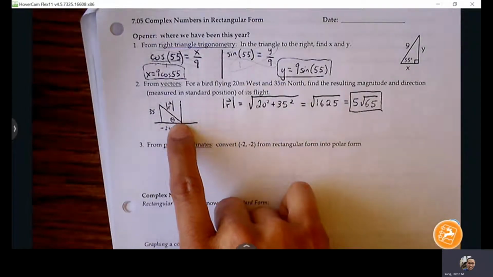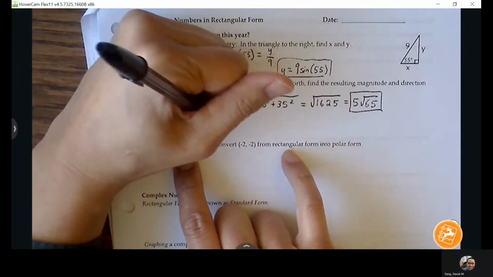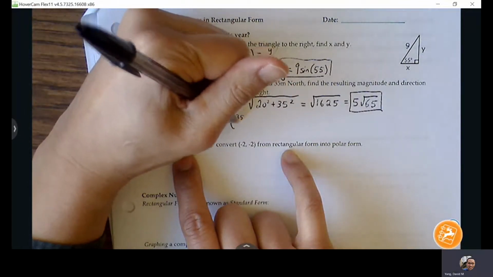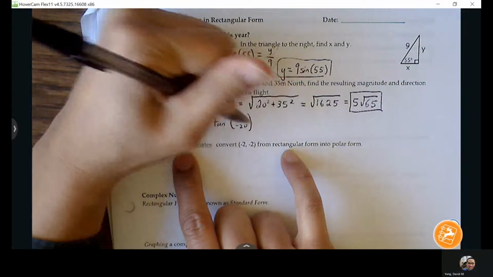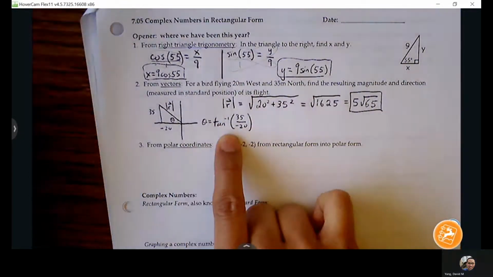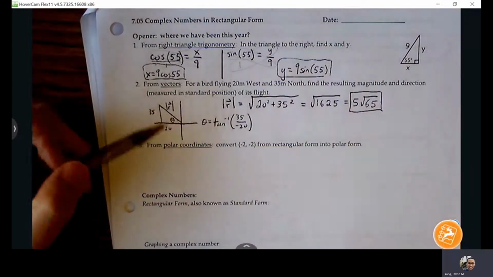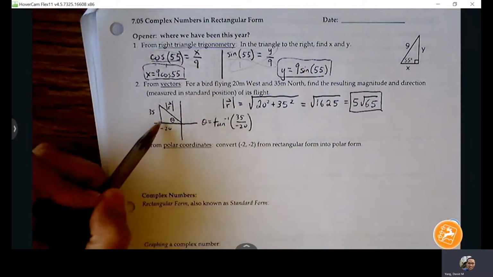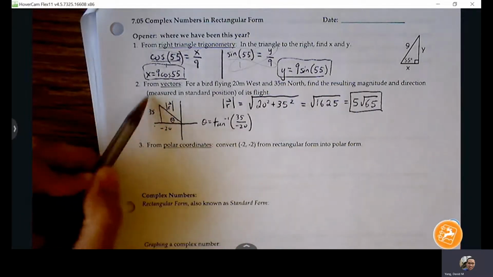Direction, inverse tangent. Okay, we'll be in degree mode. What adjustment do we have to make once we find theta? Yeah, 180, right? We have to make sure we are landing in the correct quadrant here.